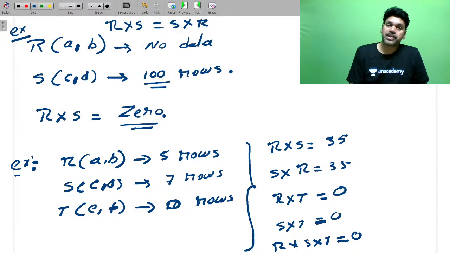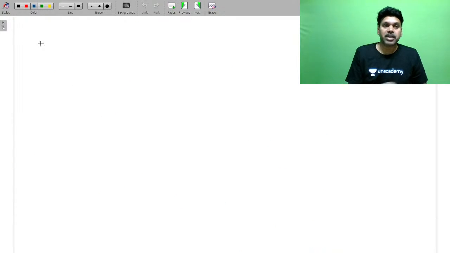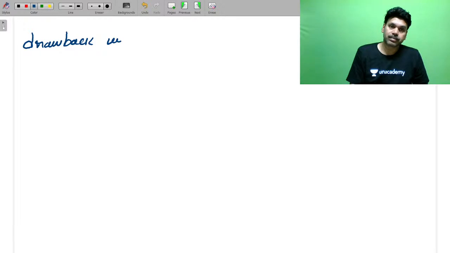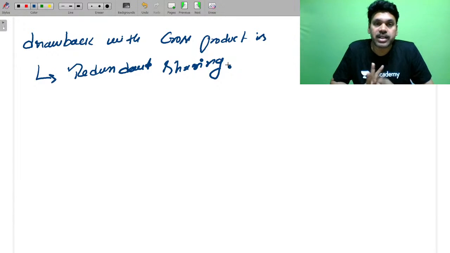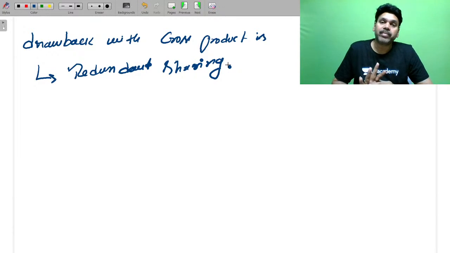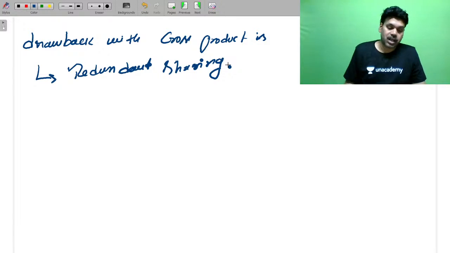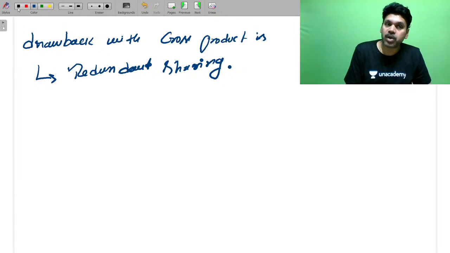So what is the problem with this? The main drawback with cross product is redundant sharing. I'm getting sharing, no doubt, but it is redundant sharing. You're going to get duplicity. That's why we want to avoid this redundant sharing by taking a concept called natural join. The hero of your join concept is natural join only.